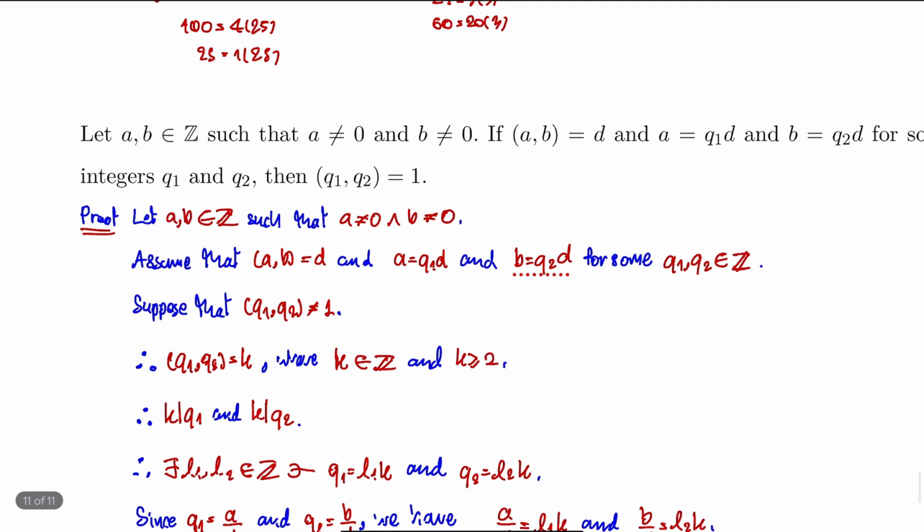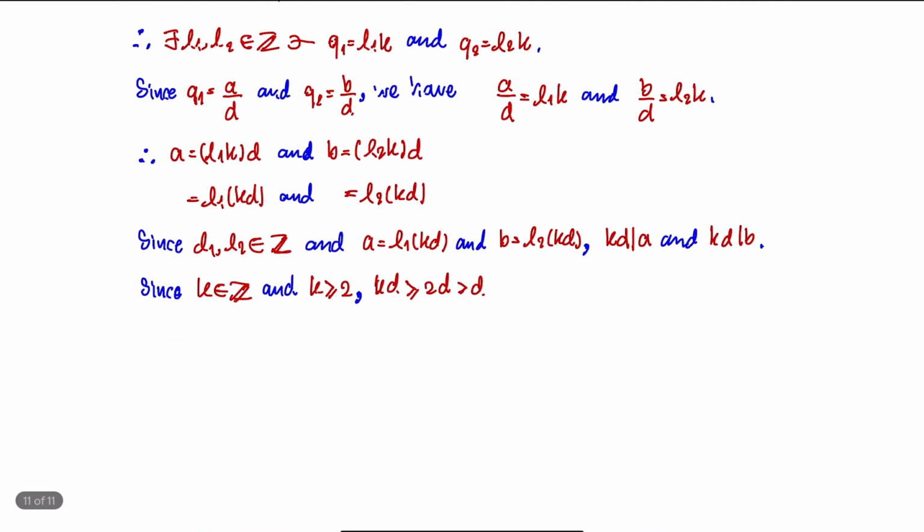Because D is the greatest common divisor of A and B, so D must be a positive integer. So K D is greater than D. And we said that D is the greatest common divisor of A and B.